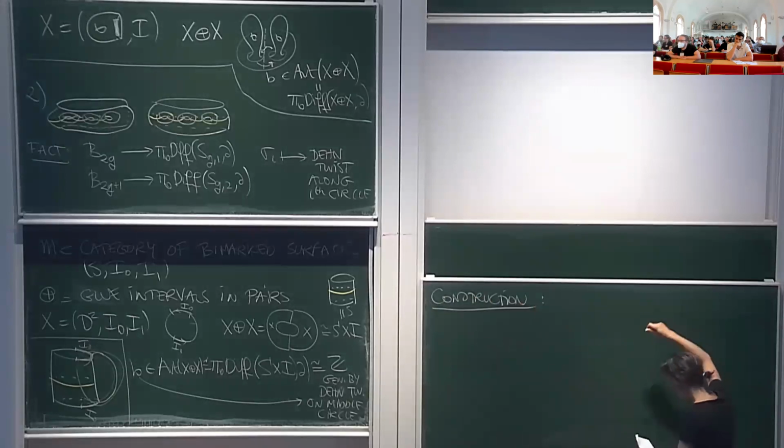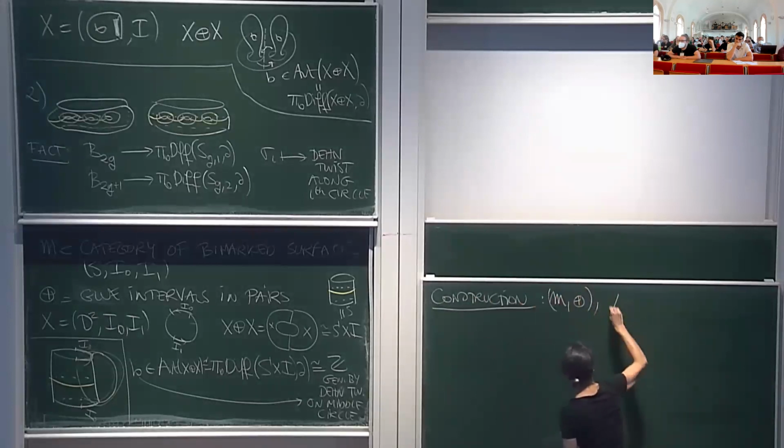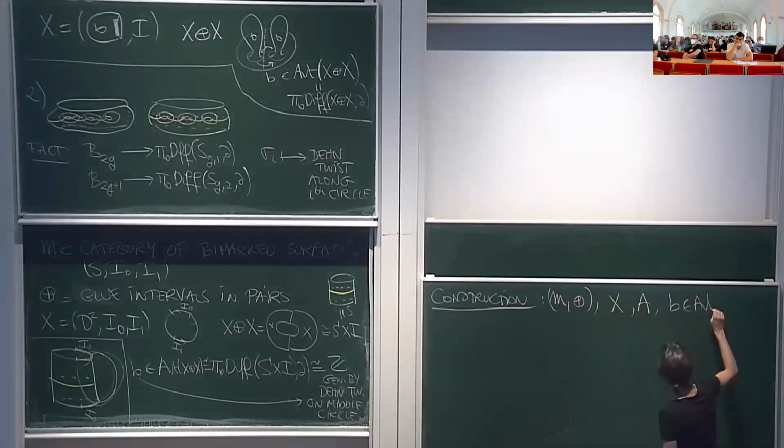So given the data we have, we have this monoidal category. We have this element X. We have maybe another element A. Want to shift things a little bit, and we have this B in Aut of X plus X, which is a Yang-Baxter element.